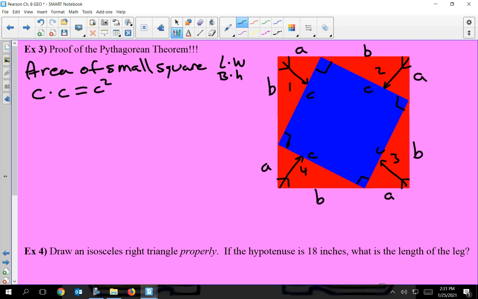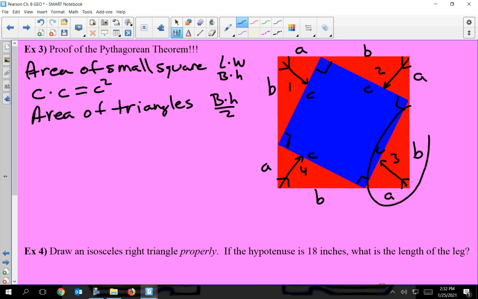What we're going to do is find the area of the triangles. Okay, so the red triangles. The area of a triangle is, and I usually use, the base times the height divided by 2. Okay, so we'll use this triangle here, and I hope you all agree the triangles should be the same.